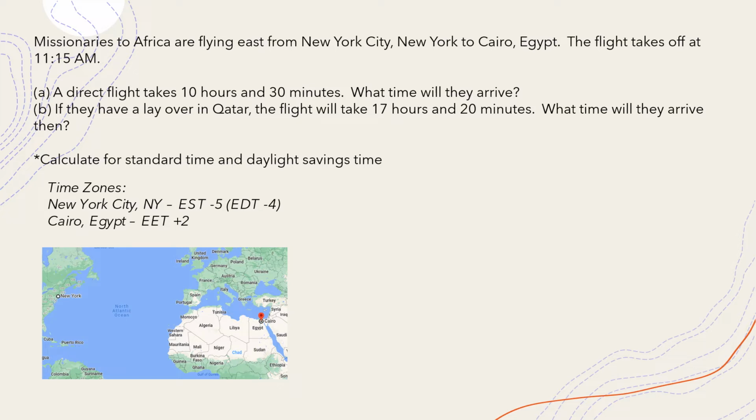So that means it is 5 hours behind that UTC line. And then we have Cairo, Egypt, and it's actually Eastern European time, and it says +2. So the line is somewhere over in here, and so it's 2 hours ahead of that time.